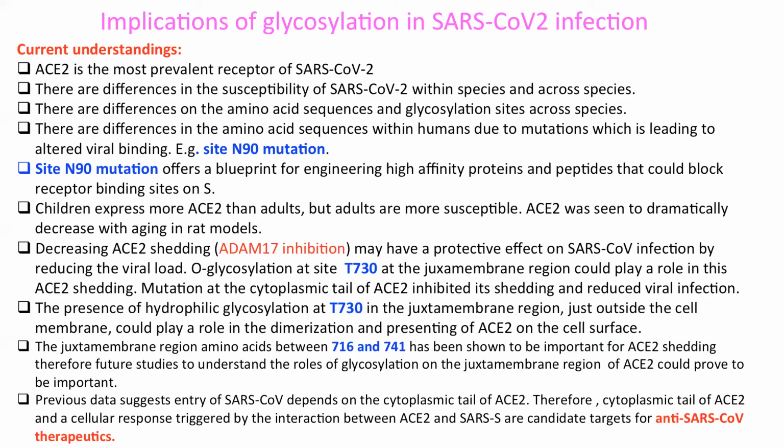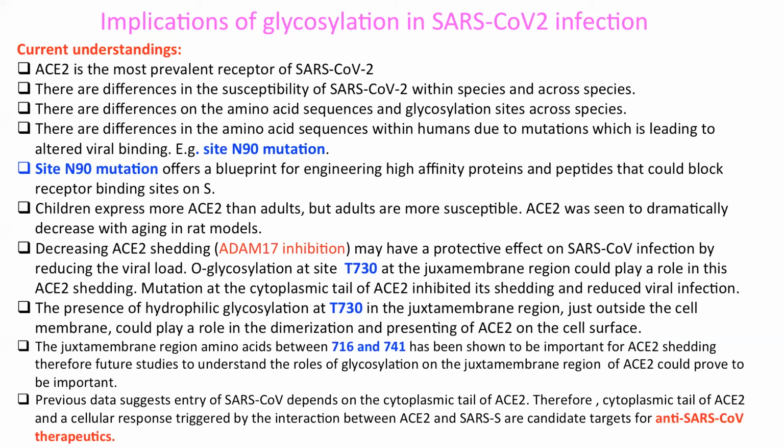Interestingly, the O-glycosylation site at T730 that we've observed, which is predominantly sialylated, is at this juxtamembrane region. This juxtamembrane region is believed to play a role in this shedding. So mutations at this cytoplasmic tail of the ACE2 could inhibit its shedding and reduce viral infections.